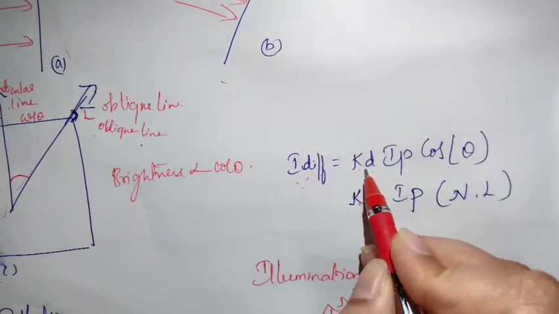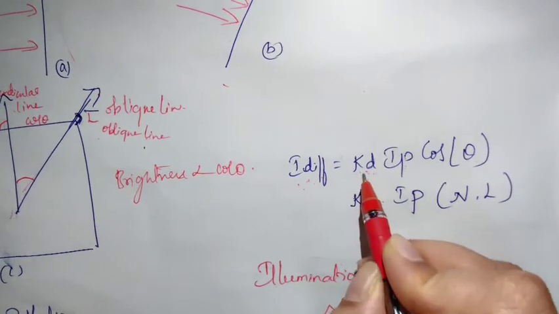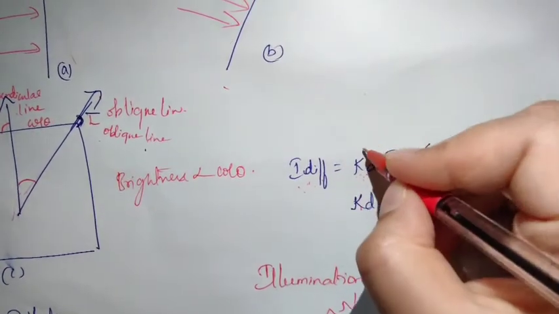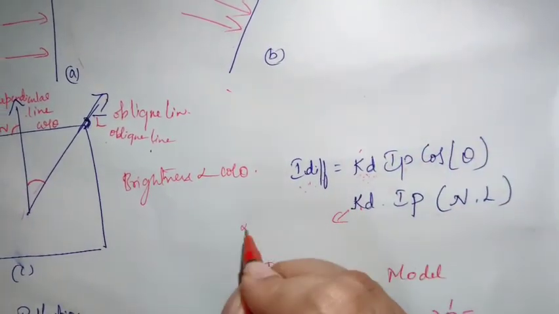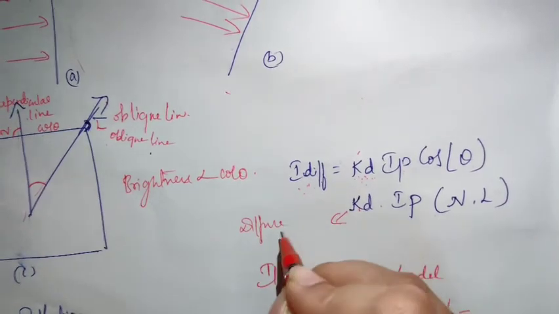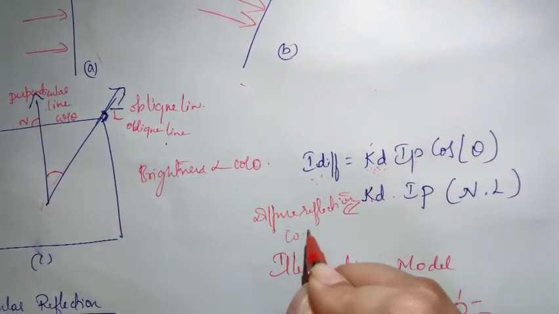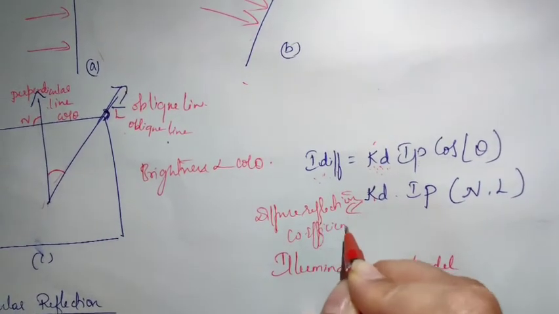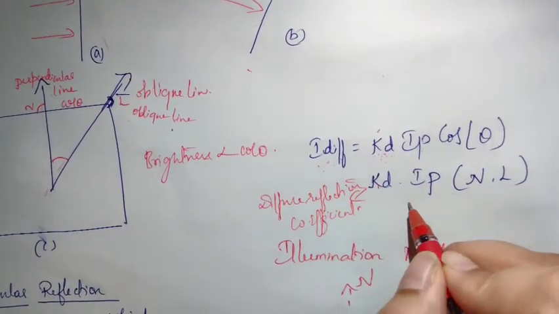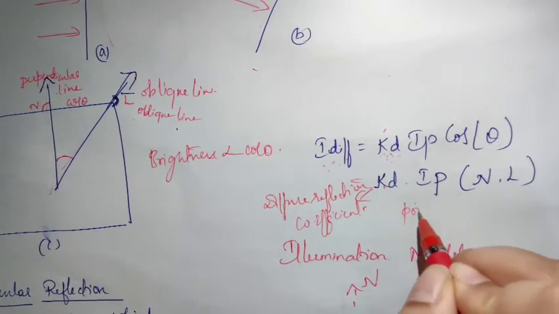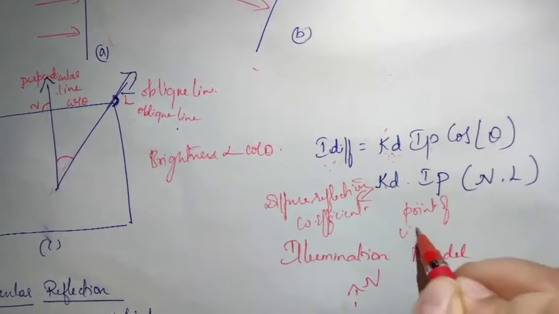KD represents the diffuse reflection coefficient. IP means the point light intensity.